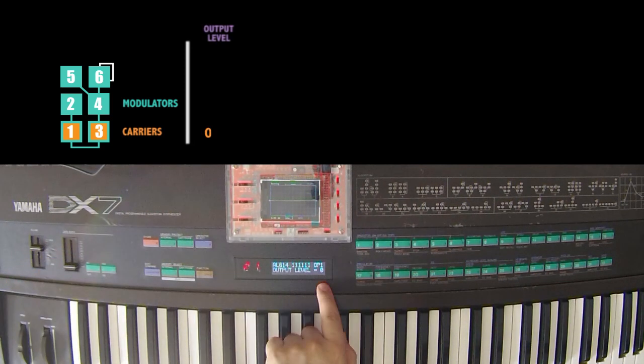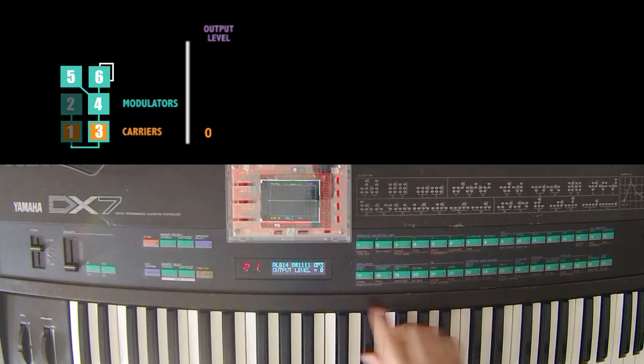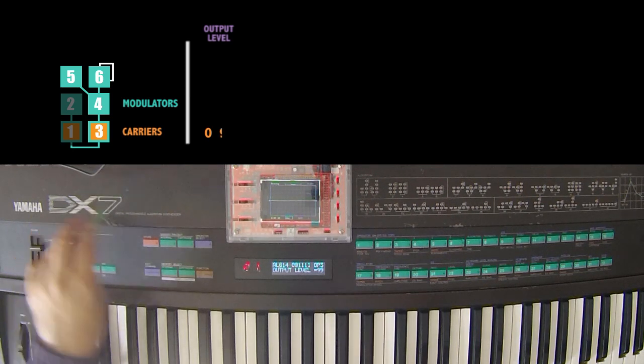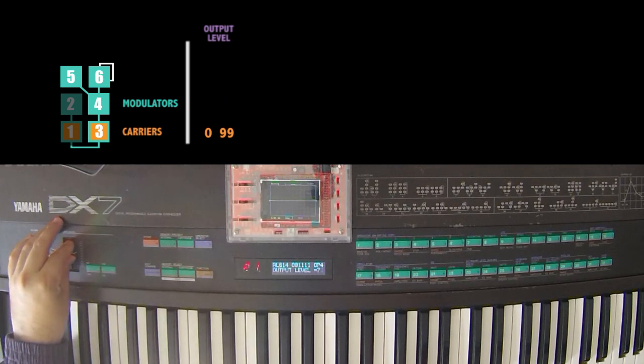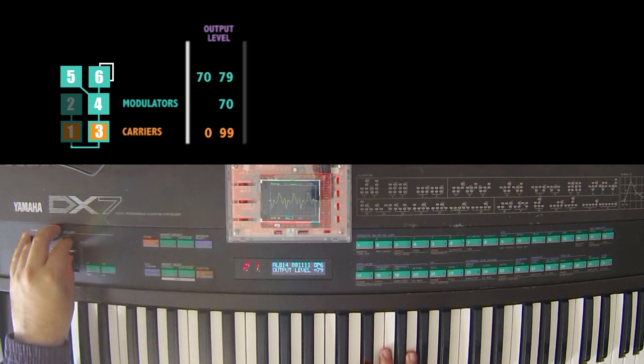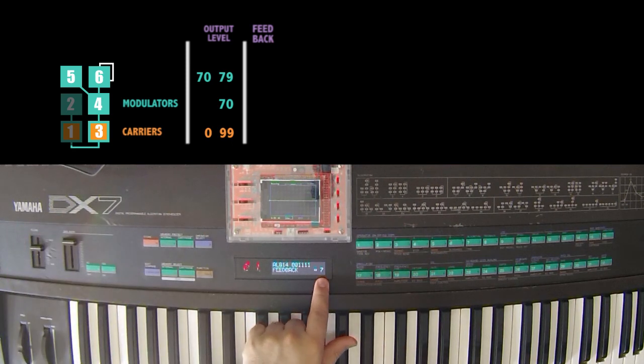We need to turn that down to 0, and then we can turn off operators 1 and 2 since they're not used. Starting with operator 3, which is our only carrier in this particular algorithm, I'm going to push its output level to 99. Operator 4 is 70, operator 5 is also 70, and operator 6 is 79. Operator 6 has the feedback loop, and we push that to 7.